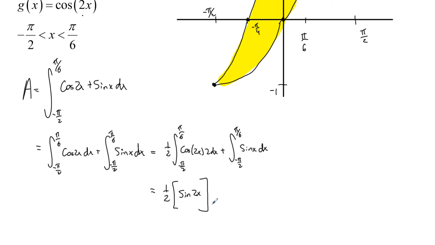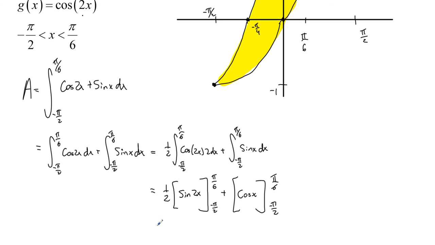Gotta evaluate this from negative pi over 2 to pi over 6, and then plus, again, if I did it the way that I had it, I'd be distributing this half to both the sine 2x and then whatever the integral of this is. And the integral of this is the cosine of x from negative pi over 2 to pi over 6.